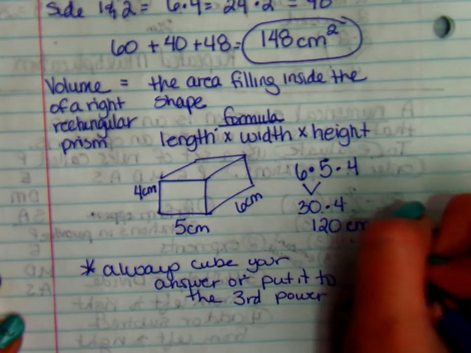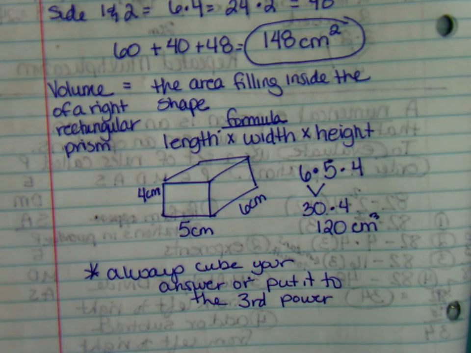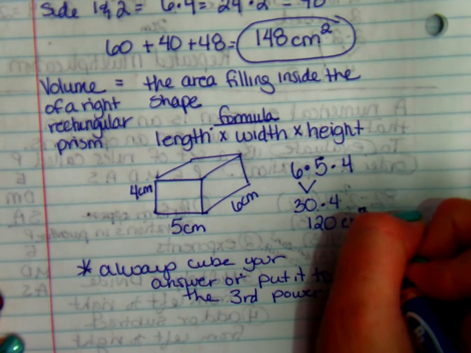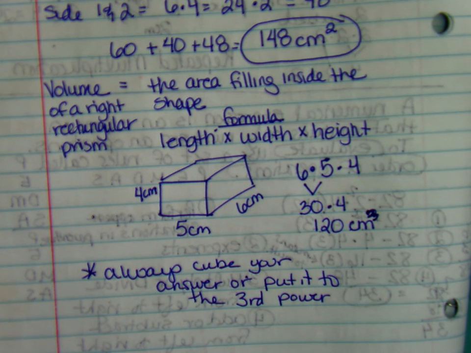So what does that look like? Like that. You just put a little 3. Oh, you can't really see it. That is a 3 to the 3rd power.